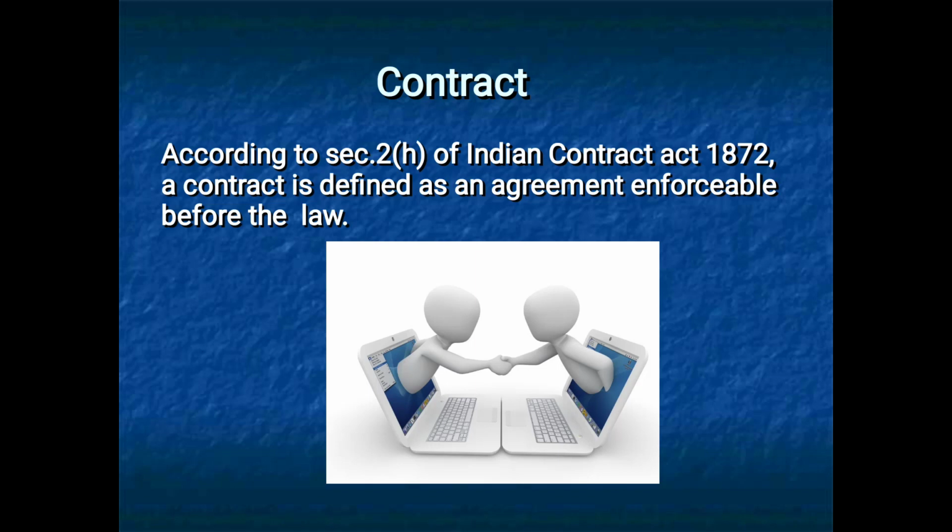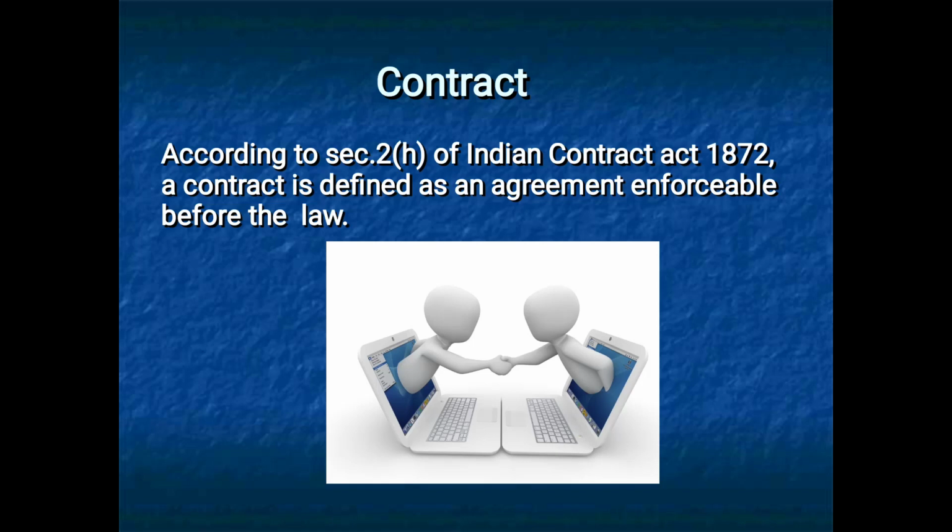These are the acts which the government implemented to safeguard the people who are involved in it. Likewise, here we have Indian Contract Act 1872. This act was formulated in the year 1872 with the objective of safeguarding the people involved in the business contracts.